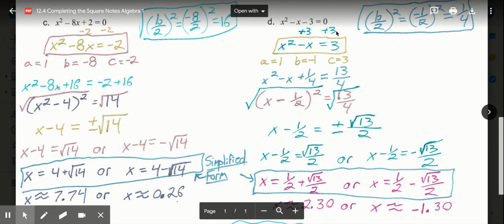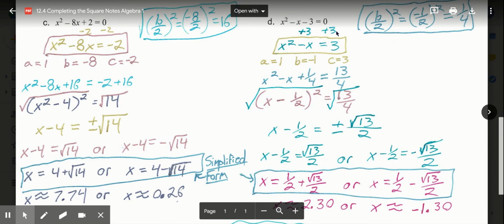So again, at the end of this, we'll talk about a table in your book that you'll want to look at, and that covers when to use which approach and which is the best. So in this case, we can use completing the square, which you'll see, but it's not as clean as it was on some previous examples.